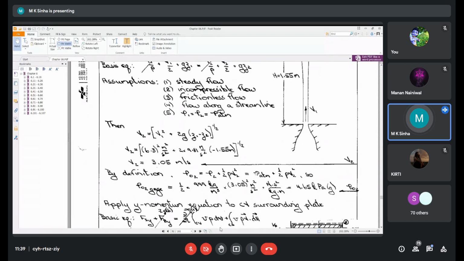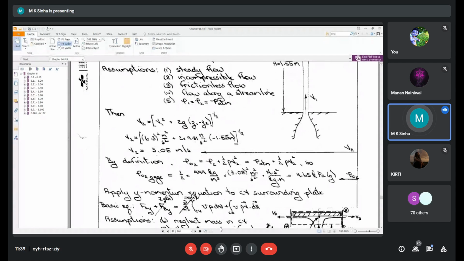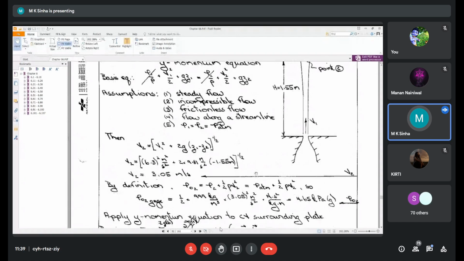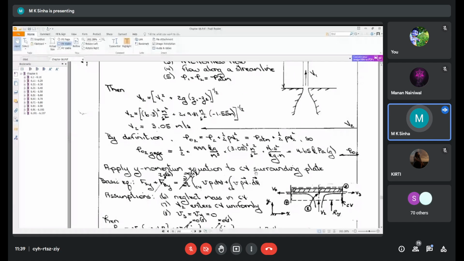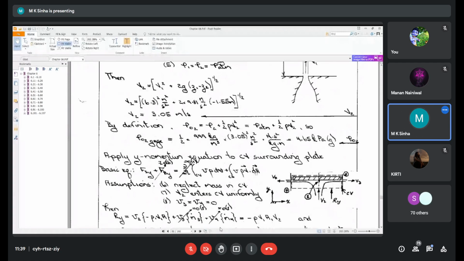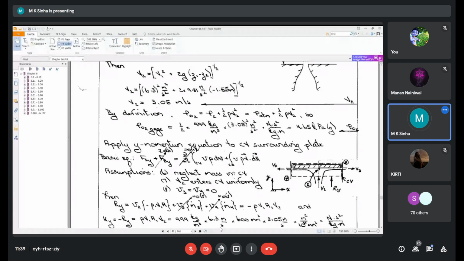Then apply the momentum equation, with the plate striking the jet at point 2. The reaction, the summation of forces, equals mass into velocity.